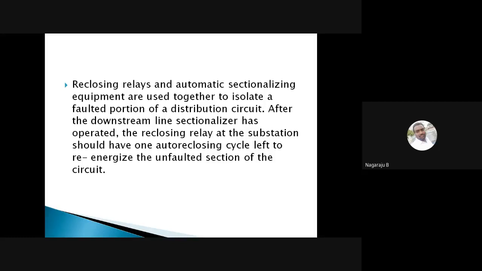After the downstream line sectionalizer has operated, the reclosing relay at the substation should have one auto reclosing cycle left to re-energize the unfaulted section of the circuit. Okay, this is about the line sectionalizer.